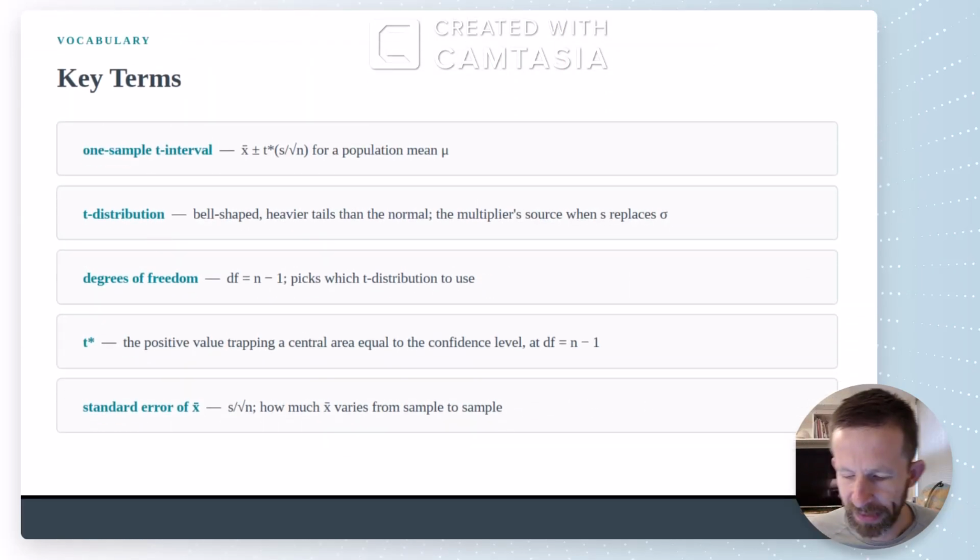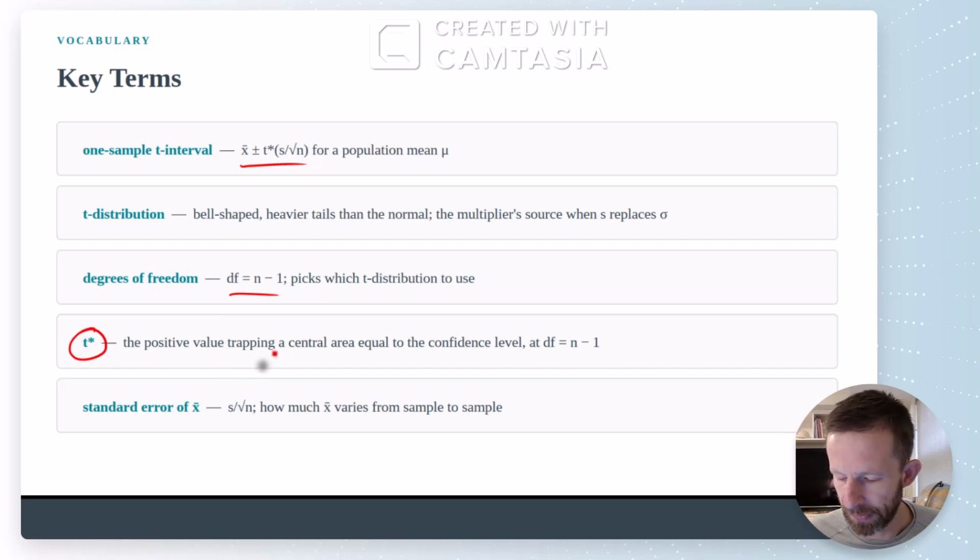So key terms, one sample t-interval. You've got the formula. A t-distribution is bell-shaped, but it has heavier tails. And as your sample size goes up, it approaches closer and closer to what a normal distribution would look like. Degrees of freedom is sample size minus 1.